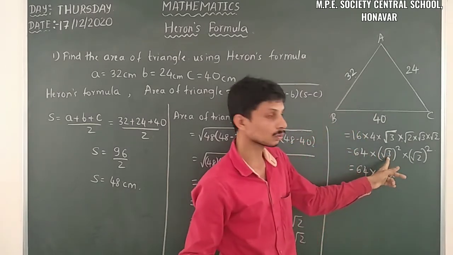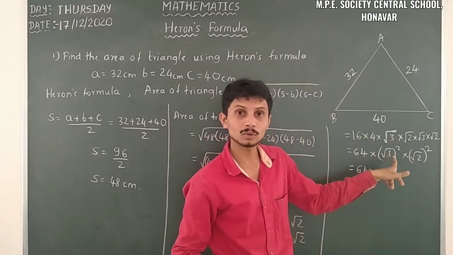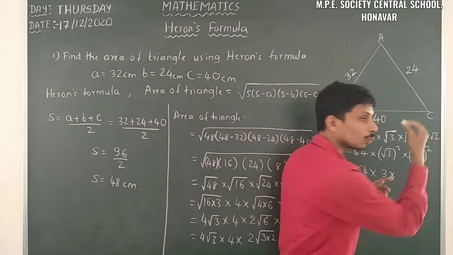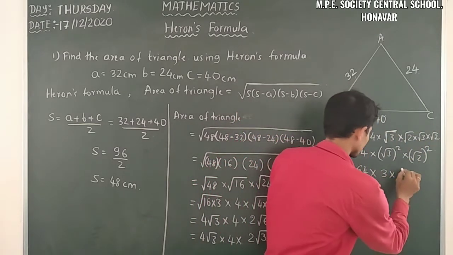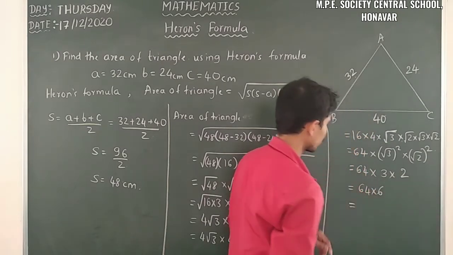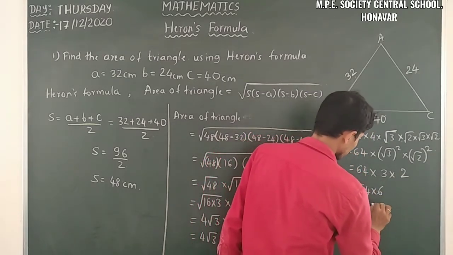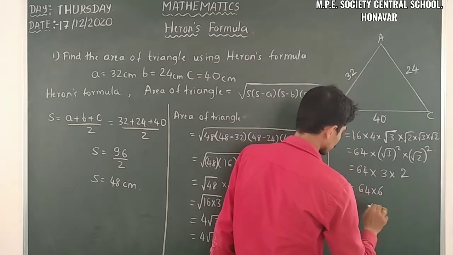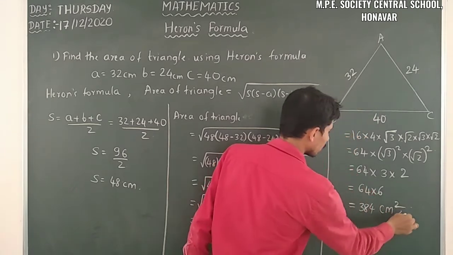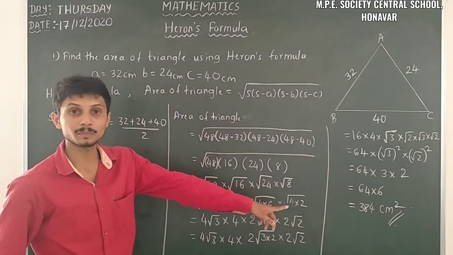When we have a root and a square in one place, we can cancel out those two. And root 2 whole square means 2. So 64 into 6, which gives 384 centimeter square. So the area of the triangle is 384 centimeter square.